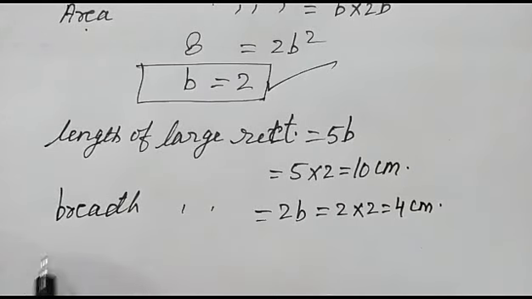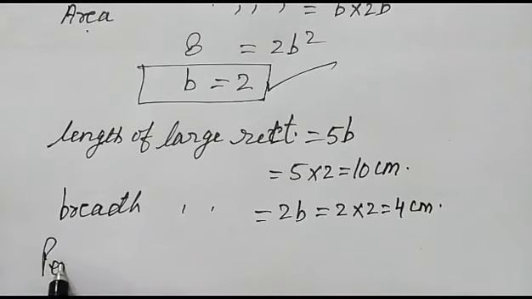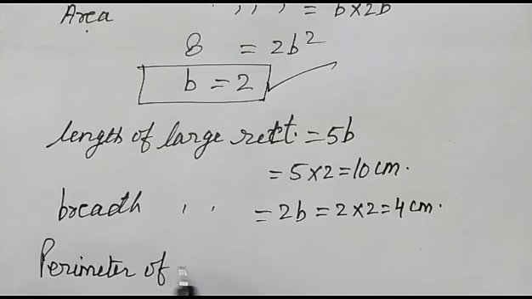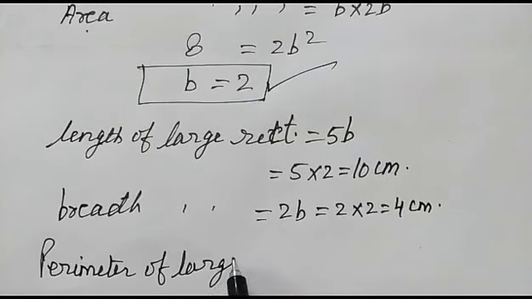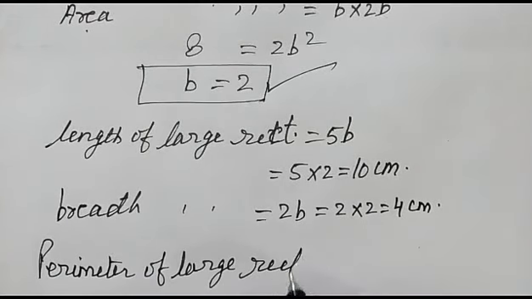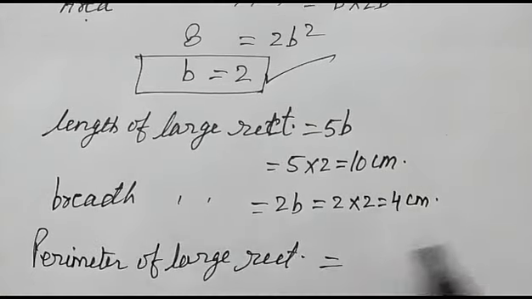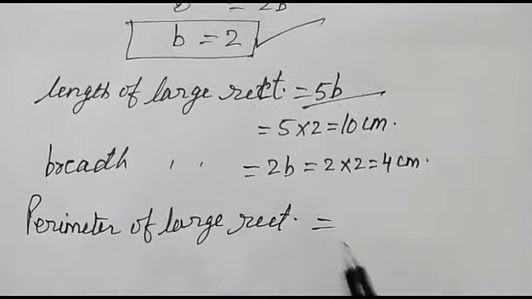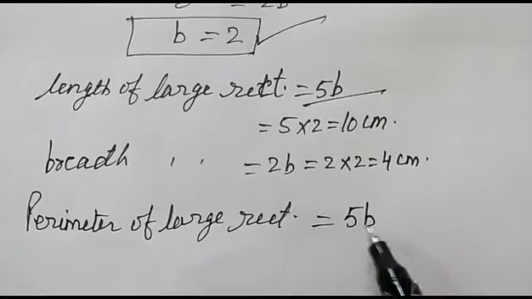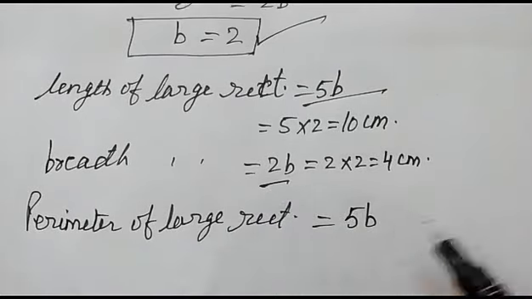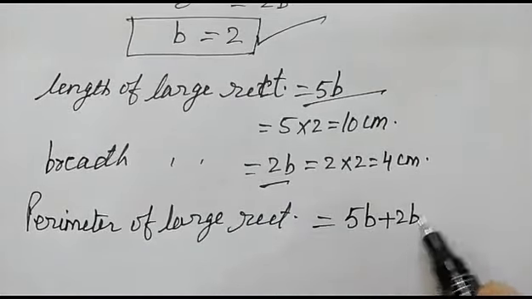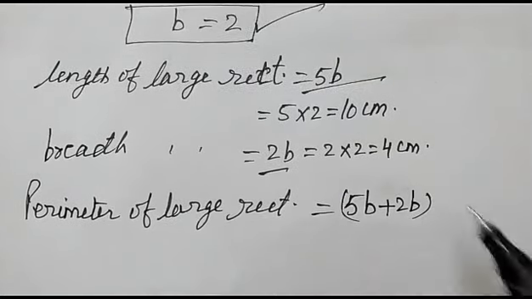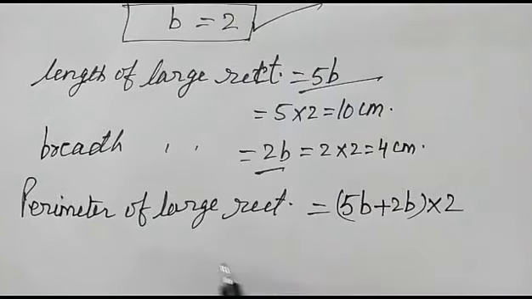Now the perimeter of the large rectangle is equal to 5B plus 2B, right, into 2.